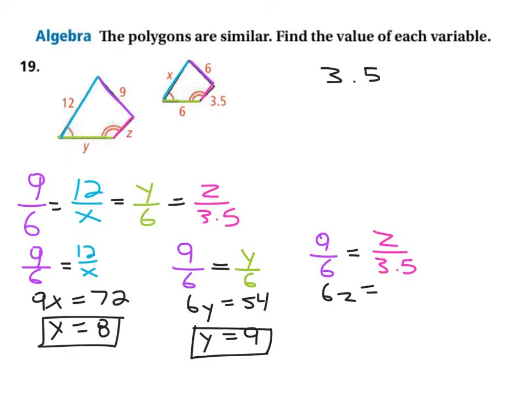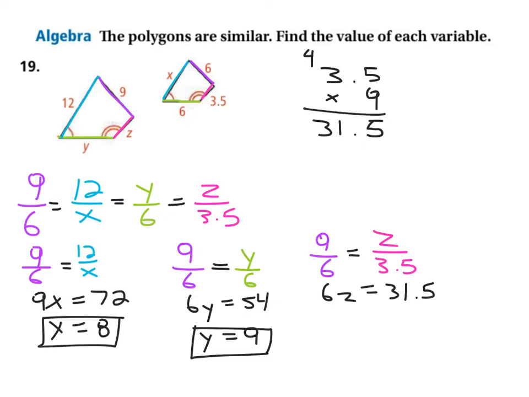I always put the one with more digits first because if I put the single digit number on the bottom, we just get a single line of numbers and we're done. 9 times 5 is 45. Carry the 4. 9 times 3 is 27. 27 plus 4 is 31. And we need to put the decimal there. So we have 6z equals 31.5.